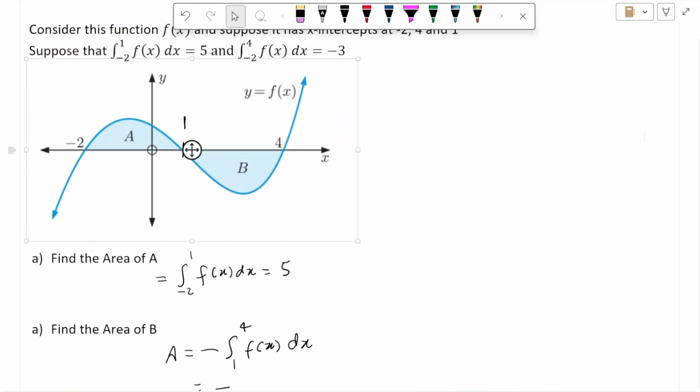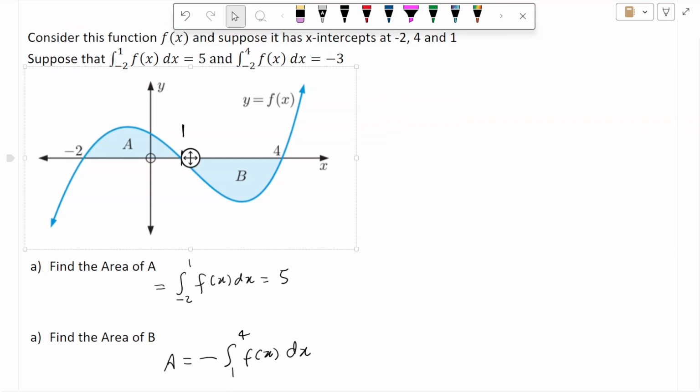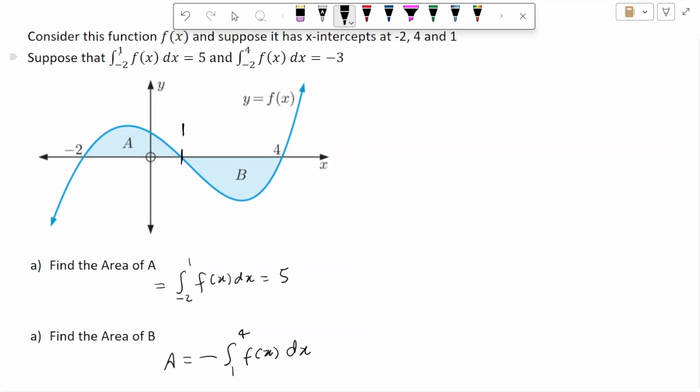So this is minus, and they've already told us what, well, they haven't told us what that integral is, have they? They've told us 2 pieces. So they've told us that this area here is 5. And then they've told us that the integral from -2 up to 4 is -3. So this would be the area A, take the area of B, because B was underneath, equals -3. So we know what A was.